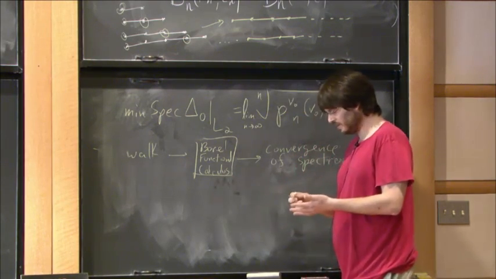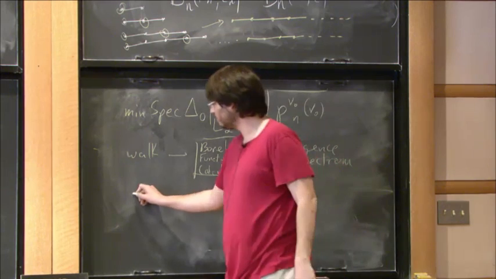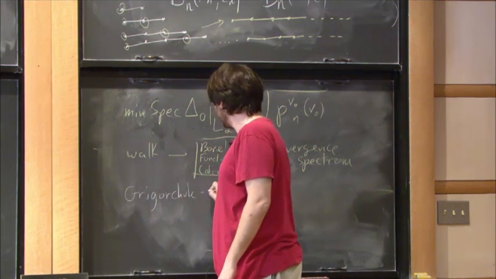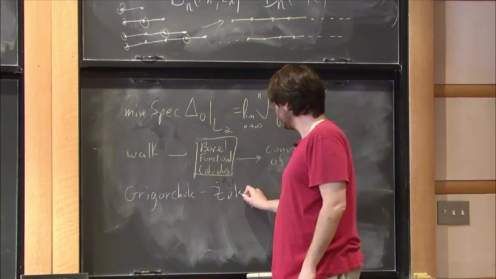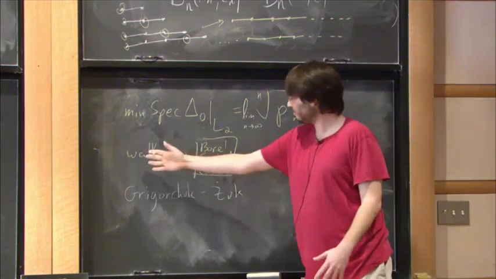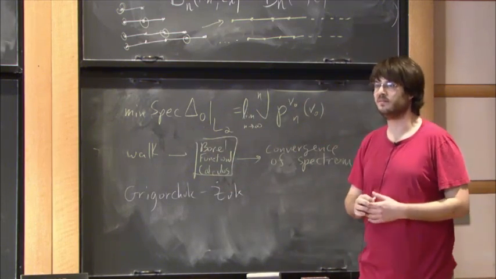What we actually did here was to read a proof due to Grigorchuk and Żuk of the Alon-Boppana theorem, and they use this machinery to start from random walks and get the Alon-Boppana theorem for graphs.